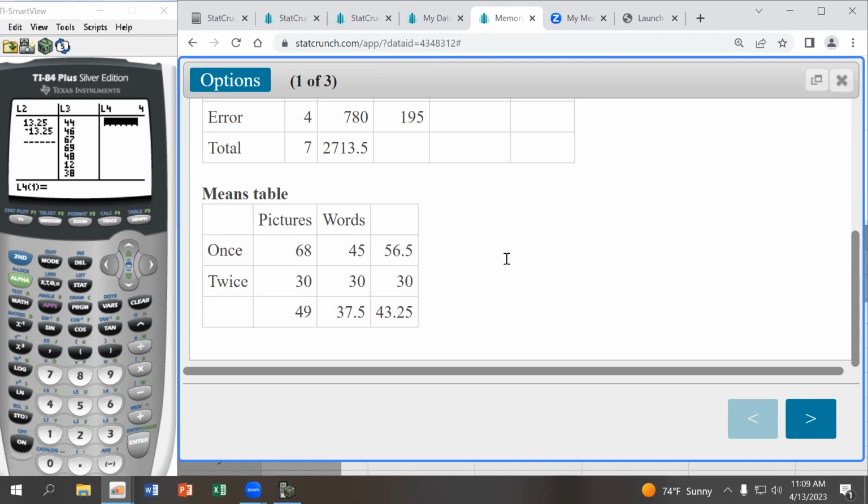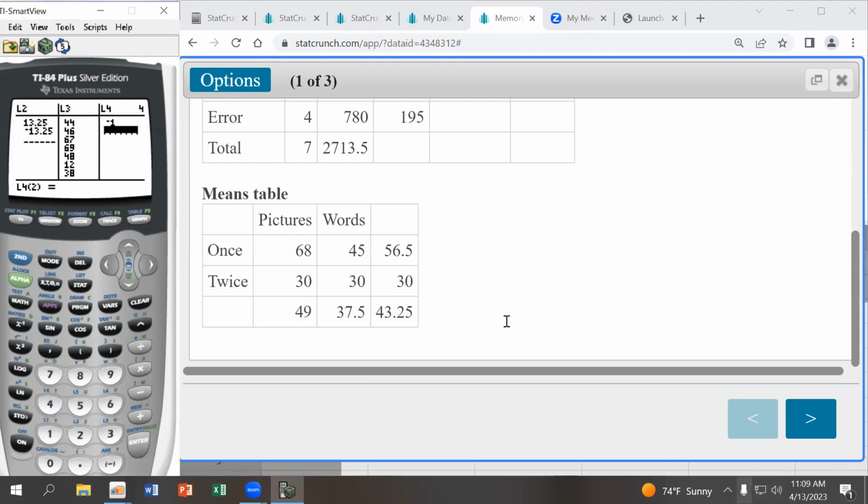Within, hint, within cell. So 44 and 46 are in the first cell. Do we agree? First row, first column. So when you type in list 4, 44 minus the mean for that cell. What is the mean for that cell? 45. Yes?